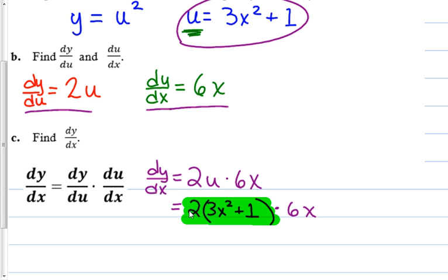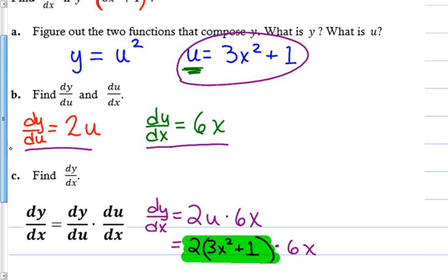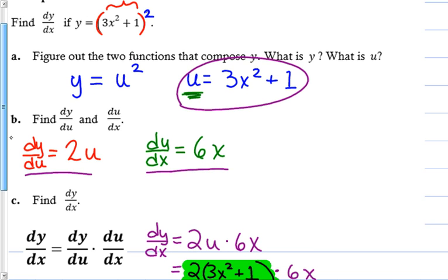I need you to notice that basically that is the derivative of the original function. See? 3x squared plus 1. Imagine that was one big fat x.